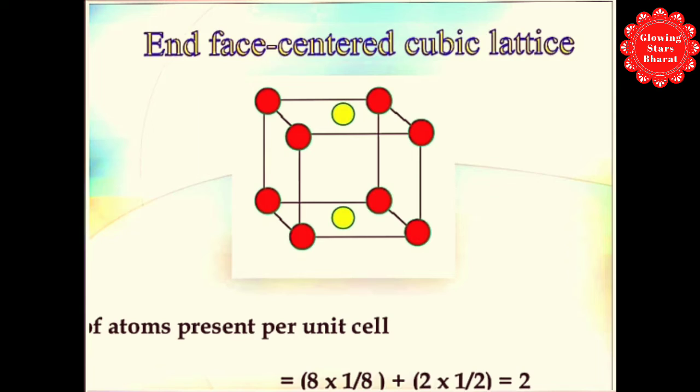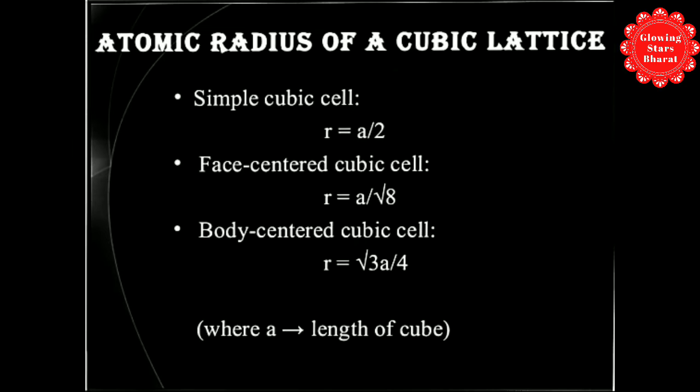Radius ratio rule: the relation between the radius, coordination number and the structural arrangement of the molecule. Radius ratio is equal to radius of cation r plus by radius of anion r minus. Dear students, the greater the radius ratio, the larger the size of the cation and hence the coordination number.